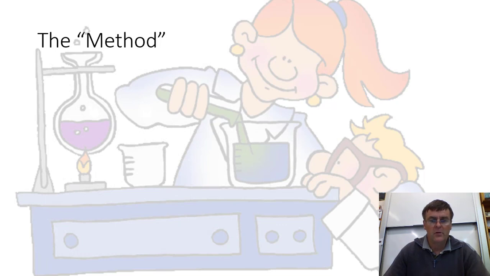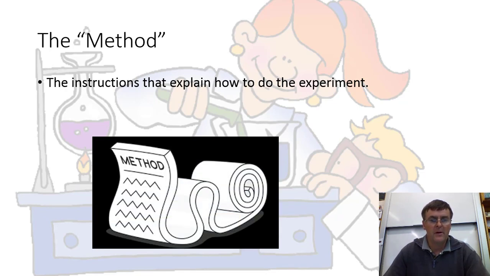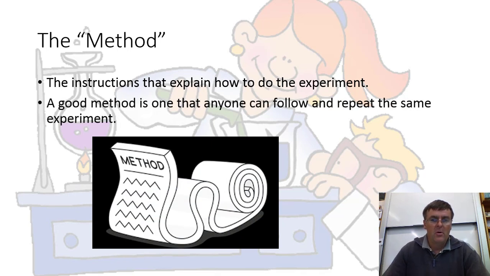Next, with the science experiment, we're going to come up with the method. So it's all the instructions that explain how you're going to go about doing it. You have to write them all down in a big long list, step-by-step instructions. I tell my students that I could take their method and give it to someone else in a different class, might not even be a science class, and they could follow their instructions and they wouldn't need to ask any questions, and they could do exactly the same experiment.